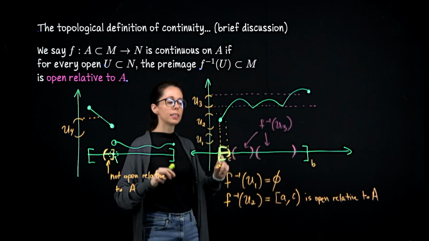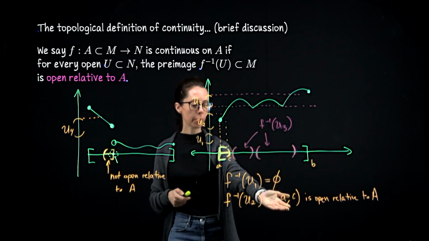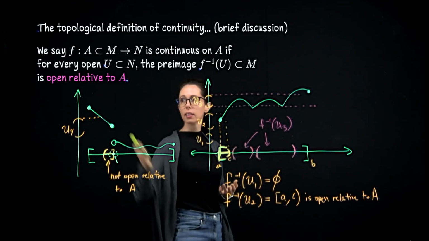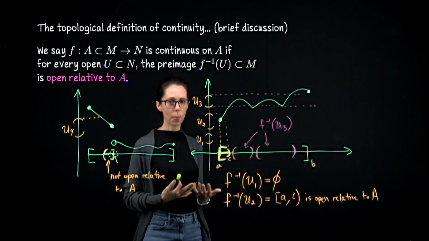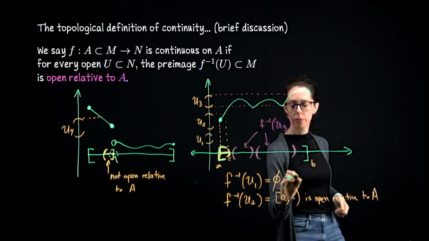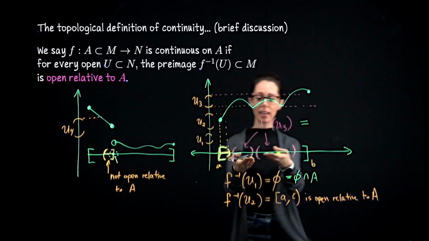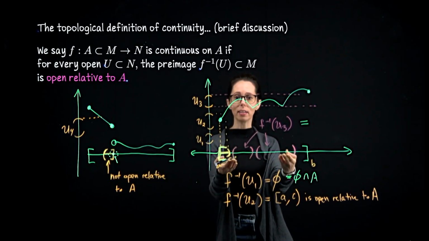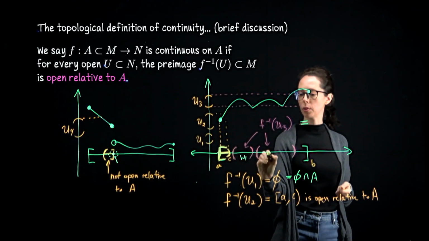However, the definition of open relative to A is that for a continuous function we can take the preimage and write it as the intersection of a traditionally open set and the domain. Here, that's easy. I would just write it as the empty set intersect A. Here, I would just write that as this open set intersect A. So let me call this W1 and W2.